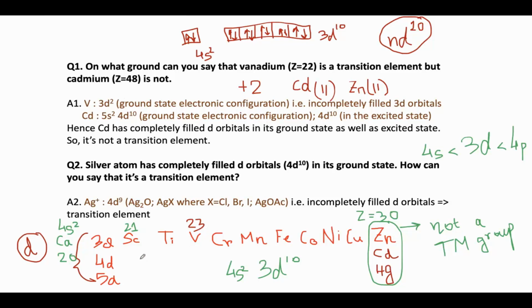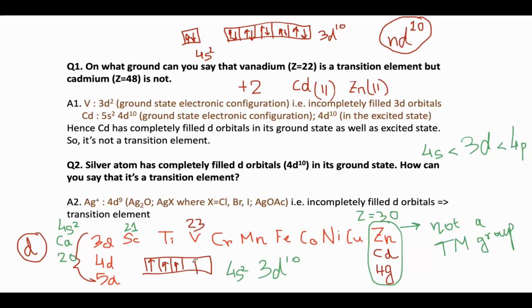If we put the d orbitals here below vanadium and check the 5 orbitals, we fill up the electrons as 1, 2, and the last one is 3. So 3 orbitals are filled here. The configuration of vanadium will be 4s2 3d3.